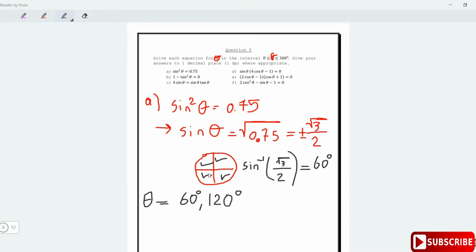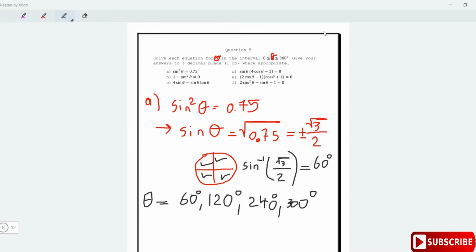Then we need the angle in the third quadrant, which is 180 plus 60, which is 240 degrees. And then we need the angle in the fourth quadrant, which is 360 minus 60, which is 300 degrees. So those are all the possible answers: 60, 120, 240, 300.